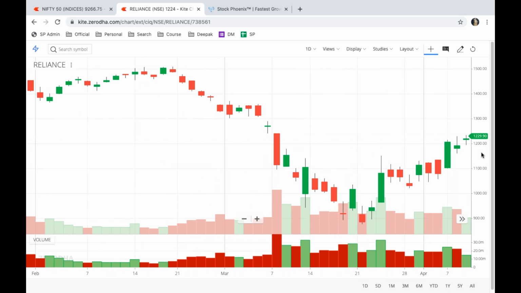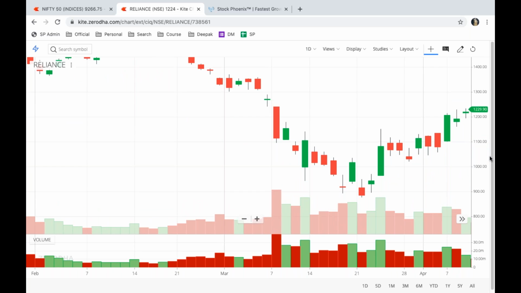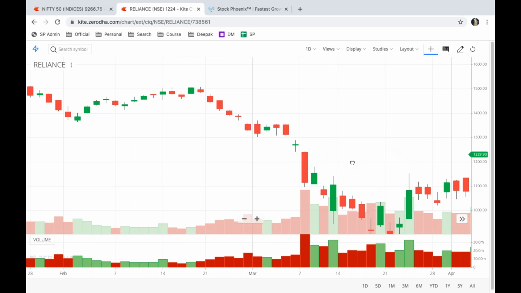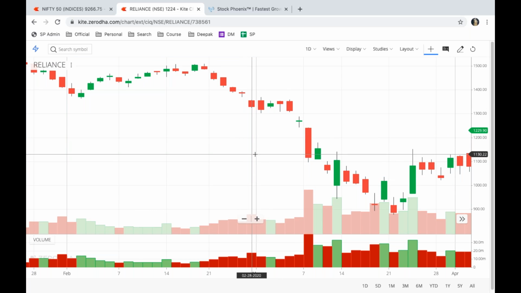Always we have to see, if it is green, see here. It's a doji, and you can see it's a red candle. So this sometimes only we should be very careful, or else it is not so mandatory, but still we should be careful in small things. Let's not take any chances.